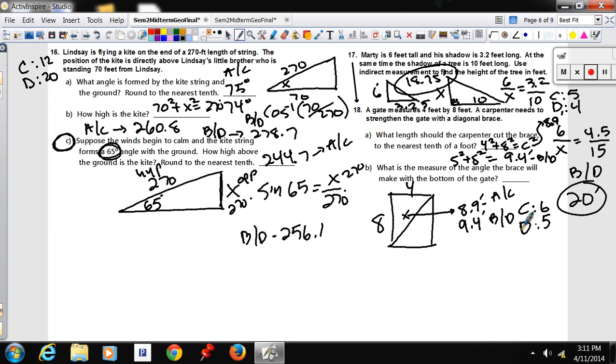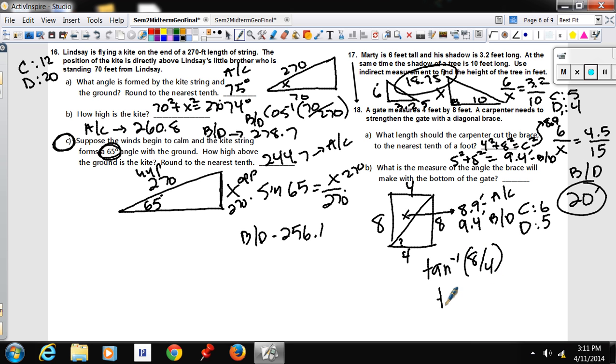And the last thing it asks for on letter B is what is the measure of this angle right here, that angle. So you've got a 4 right here, you've got an 8 right here, you've got an adjacent, and you've got an opposite over adjacent, so it's going to be inverse tan of 8 over 4.